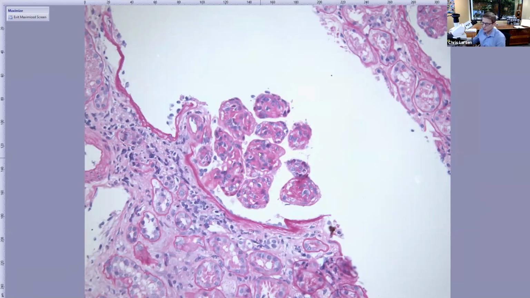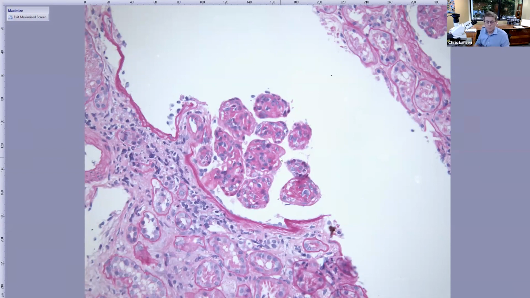And this is the mesangial region. You see a tremendous amount of hypercellularity. In addition, the glomerular basement membranes have duplication. So this is a different pattern. I started with a pattern of a proliferative glomerulonephritis. When you have mesangial hypercellularity and glomerular basement membrane duplication, we now have a membranoproliferative pattern.